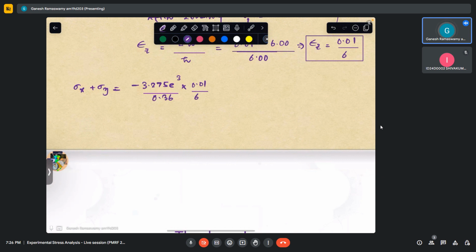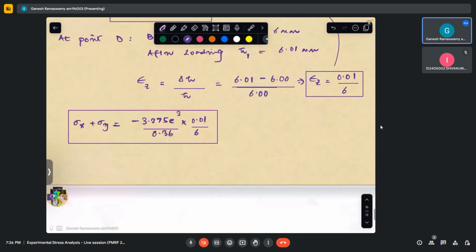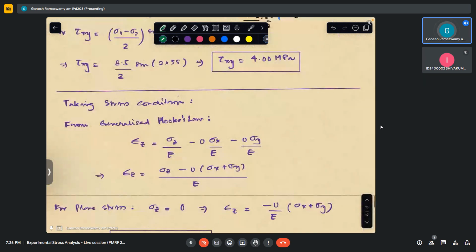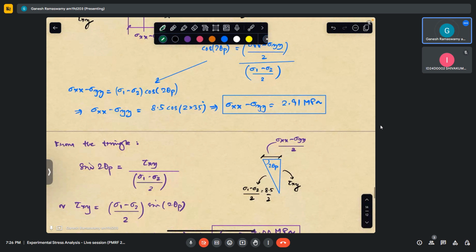So this is another equation that I have. Let me call this equation number 2, and this is equation number 1.